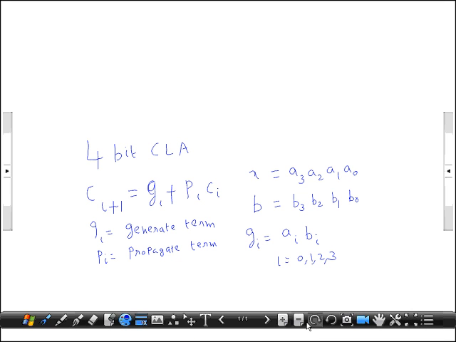Since the generate term is an AND operation performed on Ai with Bi, Gi will be 1 when Ai is equal to Bi is equal to 1.